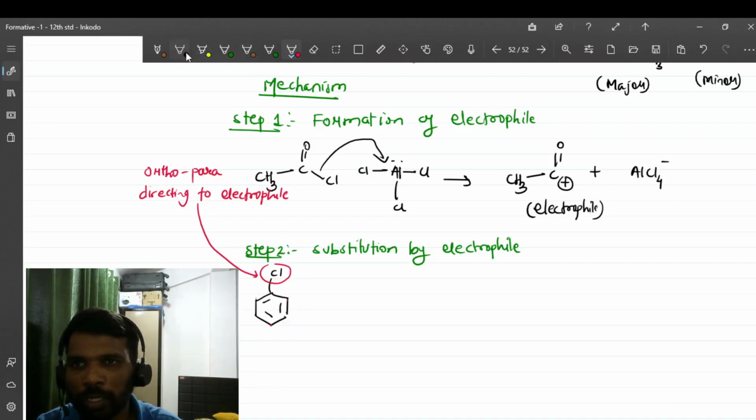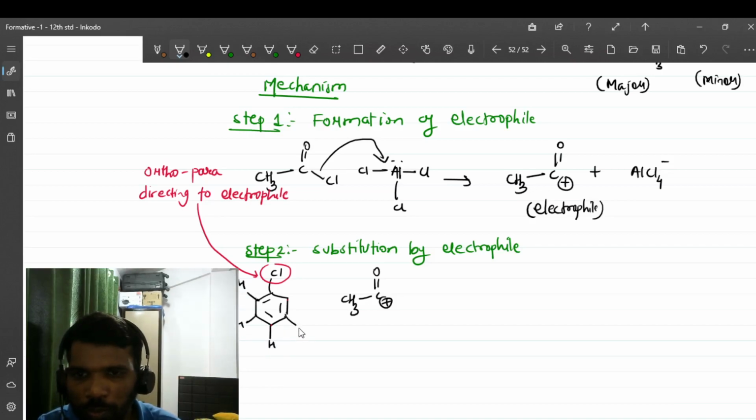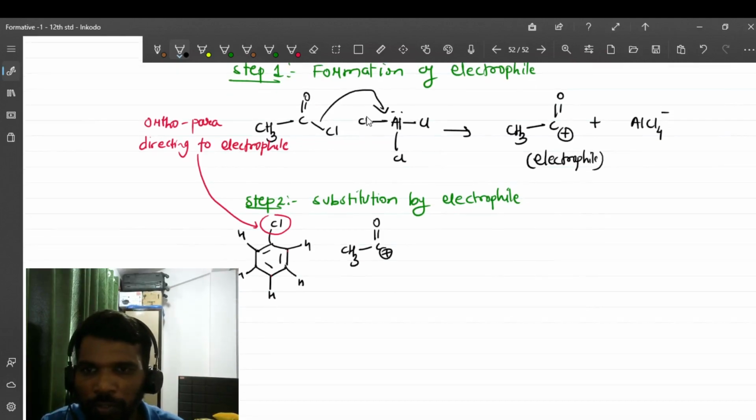In the presence of the electrophile, CH3 C double bond O plus. Actually, here, what is the meaning of benzene? Everywhere there is a hydrogen, no? Everywhere there is a hydrogen which we don't show. Understand this? So electron rich, I'll show this attack.